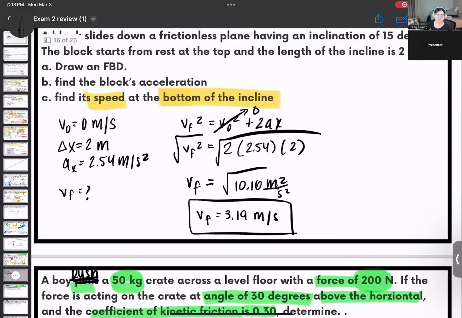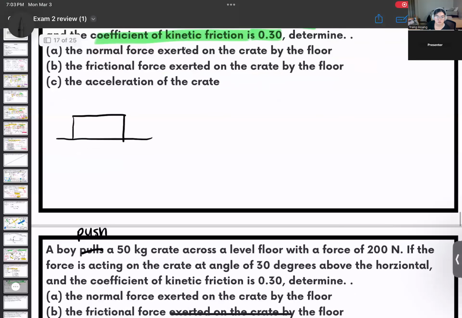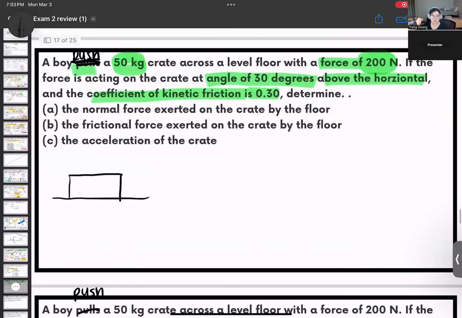Okay, I don't know what's up. What the heck is this question? Give me a second, I'm gonna pause.